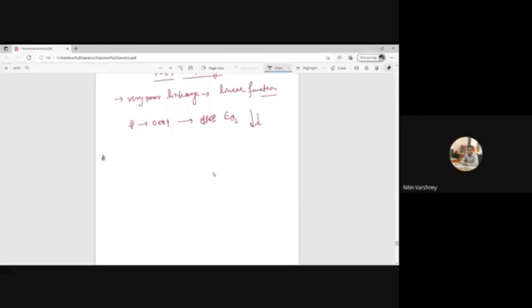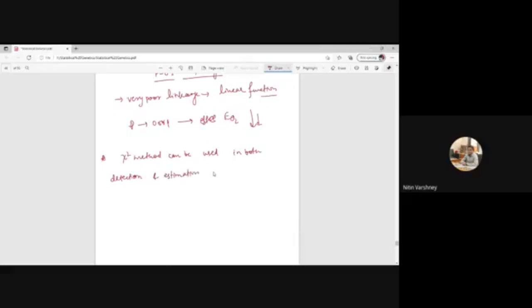Another important point is that the chi-square method can be used in both detection and estimation of linkage.